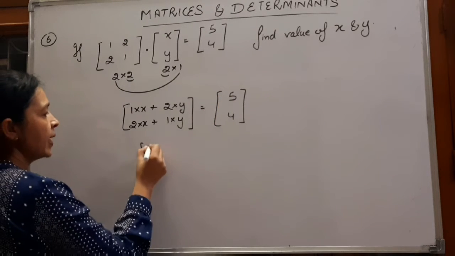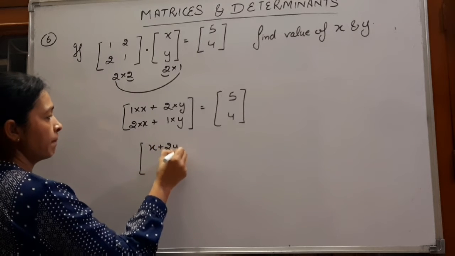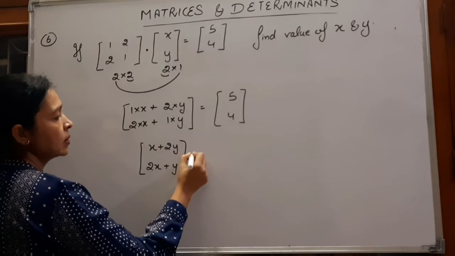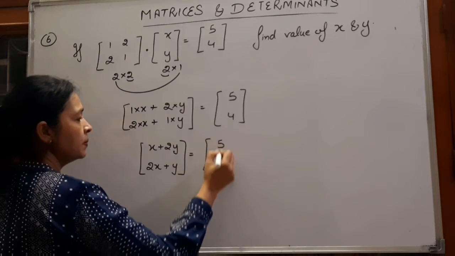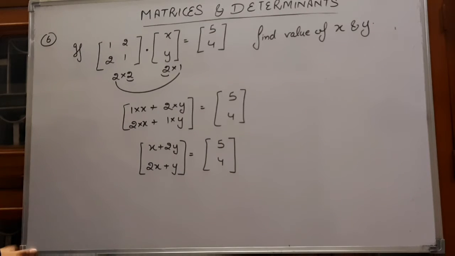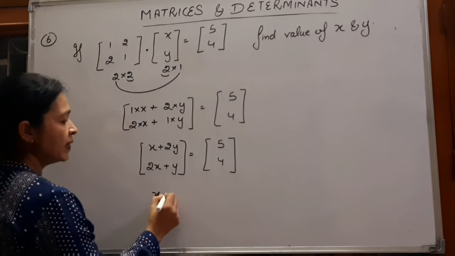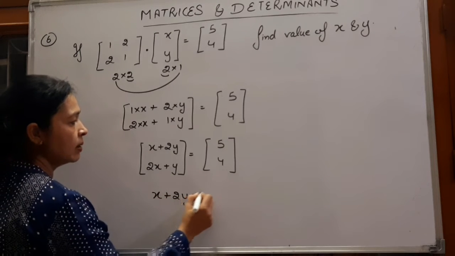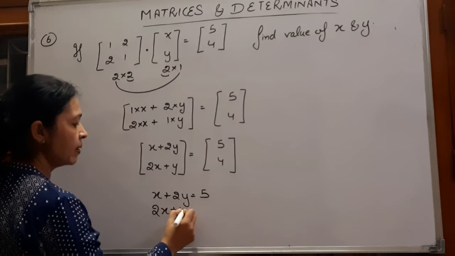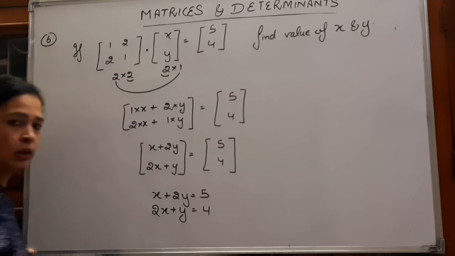We have X plus 2Y and 2X plus Y. These two matrices are equal. It means their corresponding elements are equal. We will get X plus 2Y equals 5 and 2X plus Y equals 4.